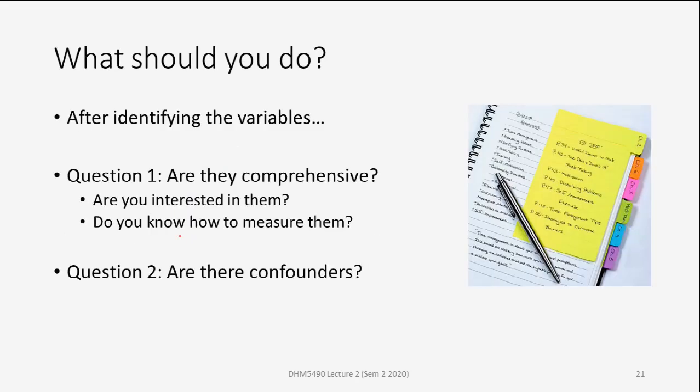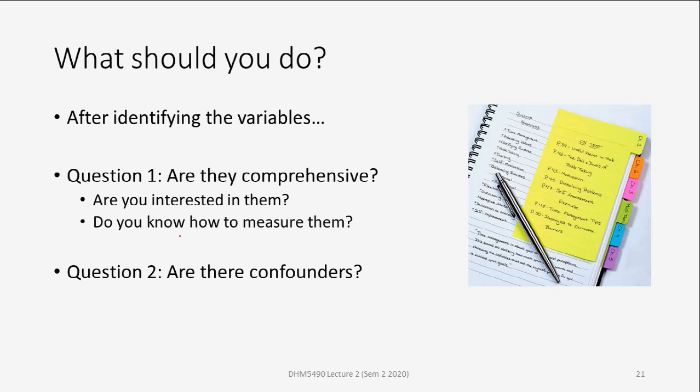So what should you do? I suggest that you should identify the variables when you receive an academic research paper. After receiving an academic research paper, you should highlight the aim. You should find the research hypothesis.